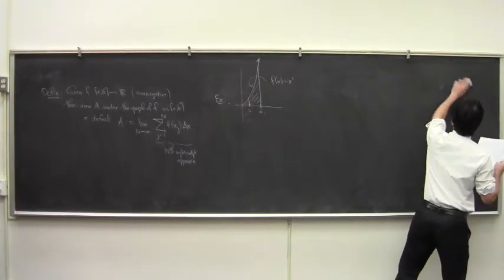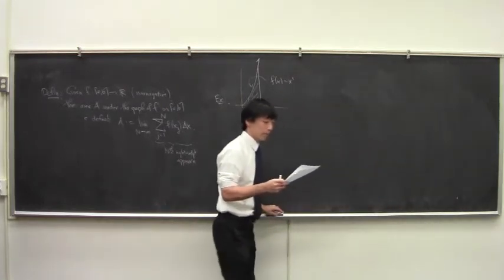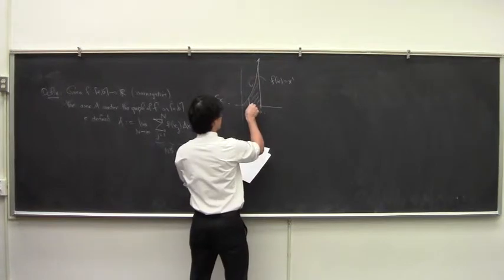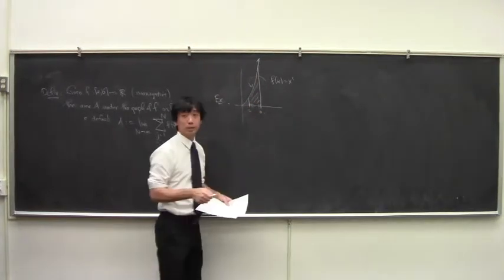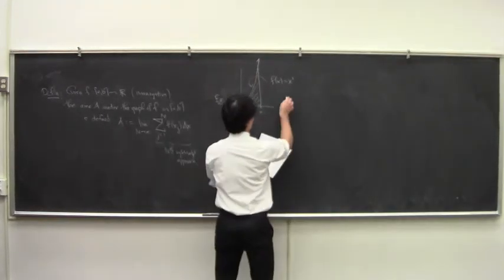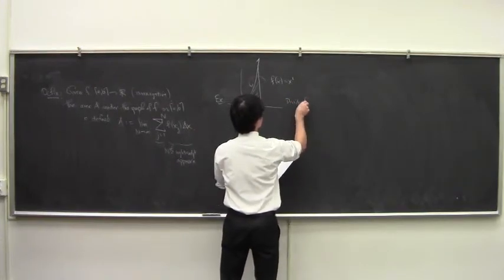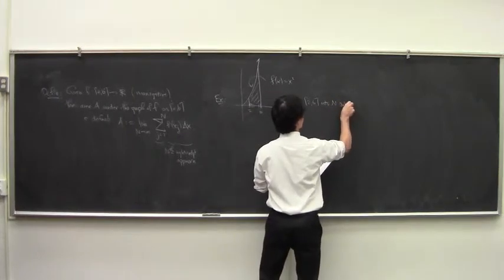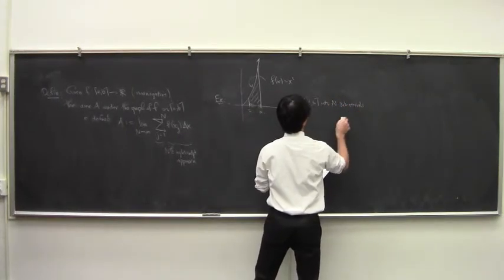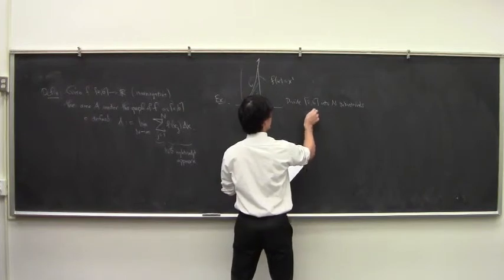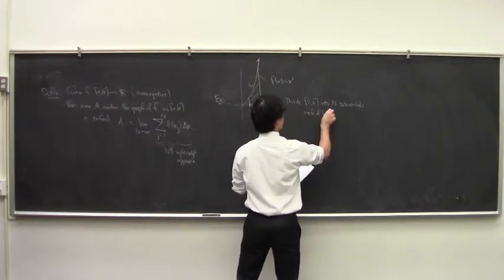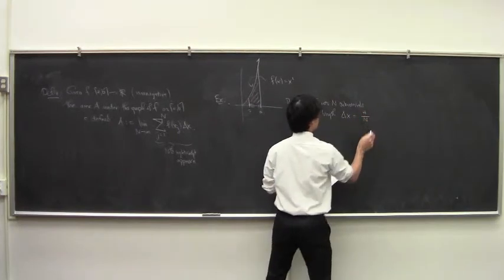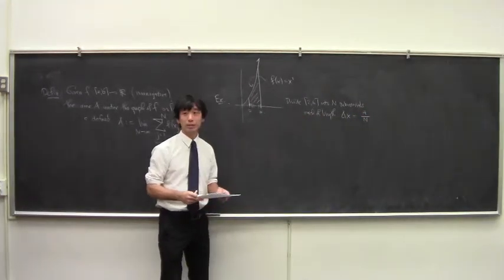You basically do what you did before, but in a more abstract way. You divide the interval from 2 to 6 into n subintervals, each of length delta x being 4 over n, that is, 6 minus 2 over n.